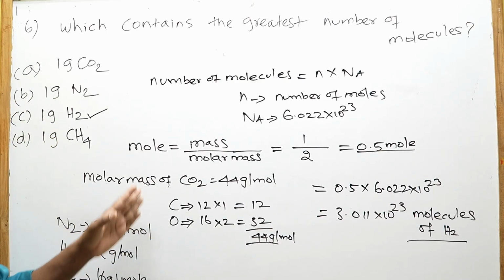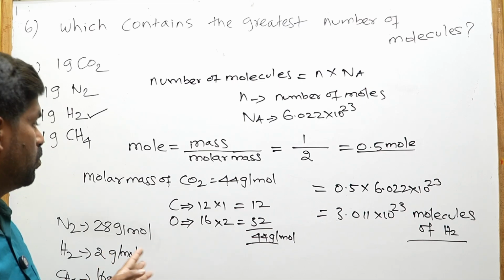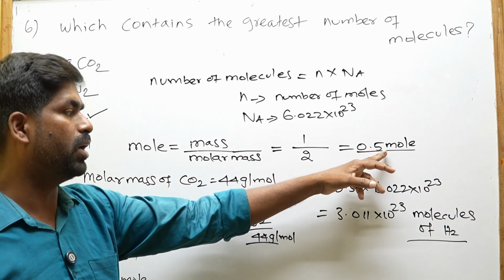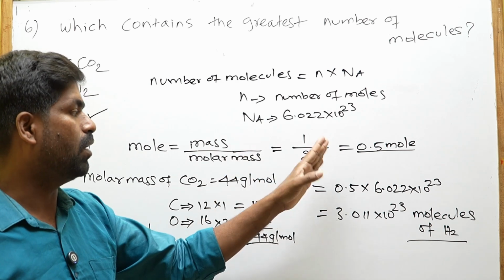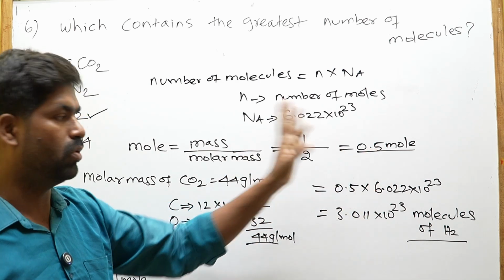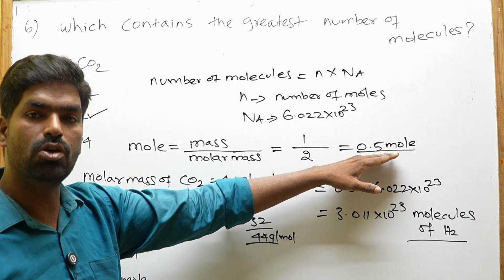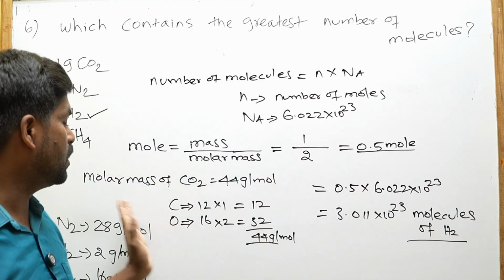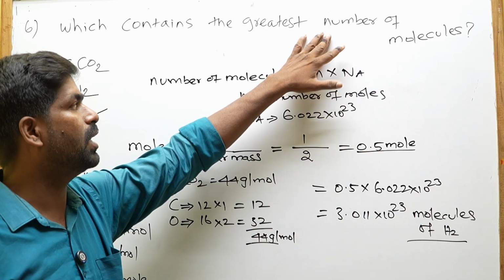Therefore, among the given options, dihydrogen has 2 gram per mole. When you substitute the value, it becomes 0.5. If you substitute for carbon dioxide, 1/44 is definitely less than 0.5 mole. If you substitute 1/28 in the case of dinitrogen, it is also less than 0.5. Similarly, we can calculate the other compounds. But our focus is to find the greatest number of molecules.